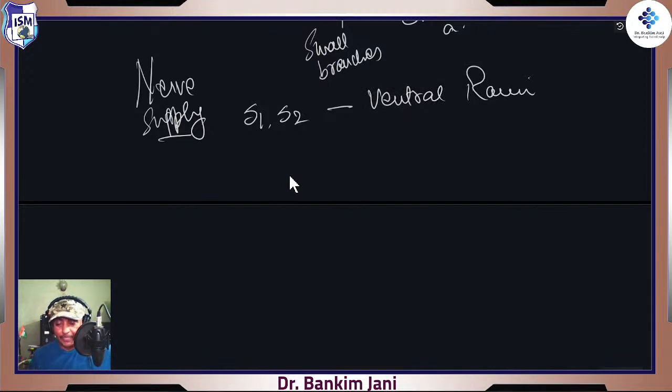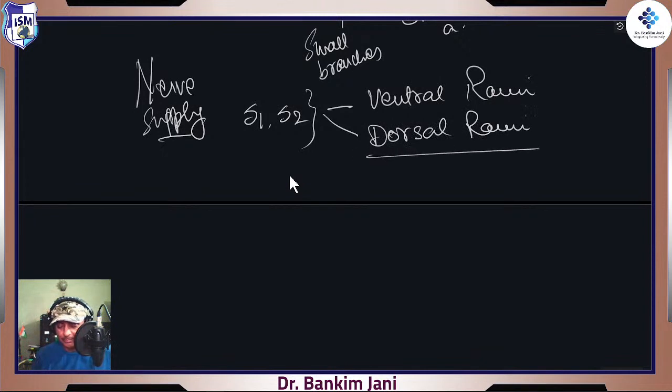But then also from the dorsal rami. But when we say dorsal rami, only their lateral branches. So lateral branches from the dorsal rami and the ventral rami of S1, S2 give the nerve supply to the sacroiliac joint.